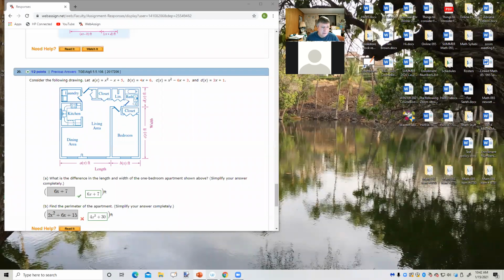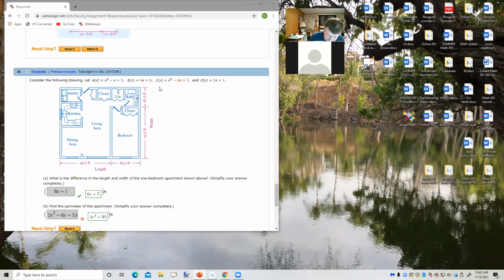All right. Here again, I think everybody had the same picture for problem 20, but perhaps you had different polynomials describing the distances. So the first thing is the length is made up of a of x feet plus b of x feet. Well, if we look up here, a of x is x squared minus x plus 5, and b of x is 4x plus 6.